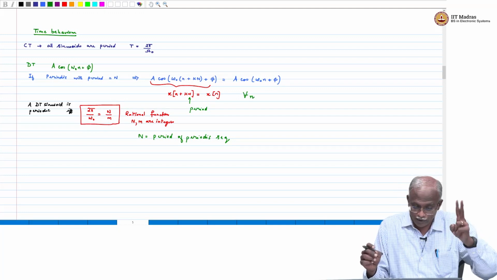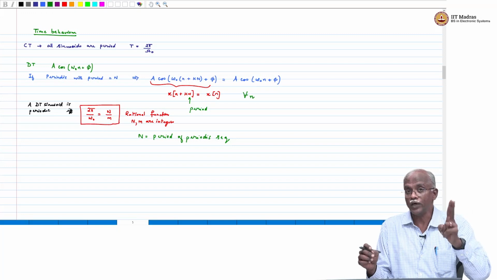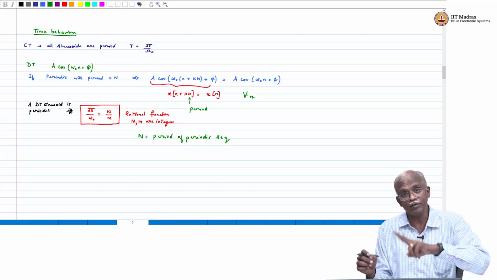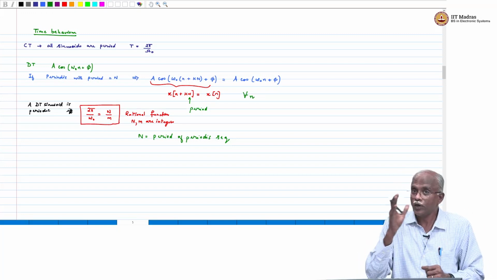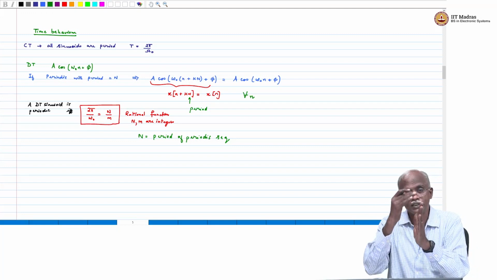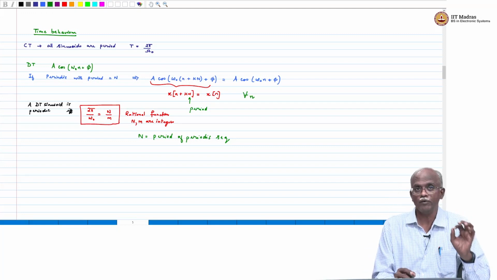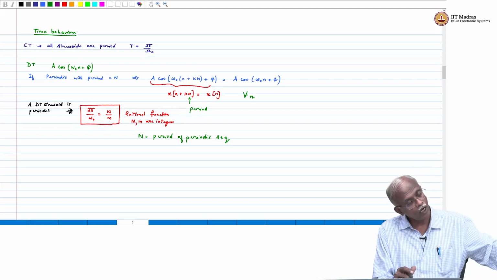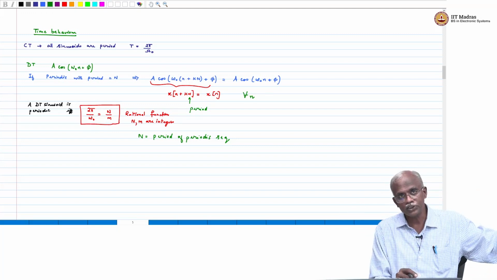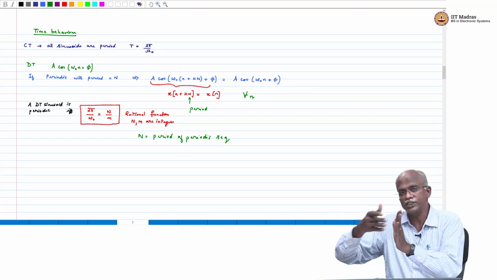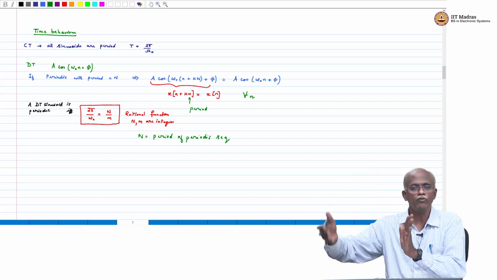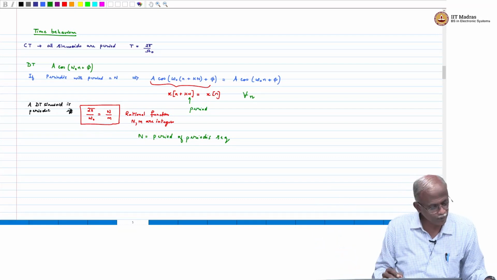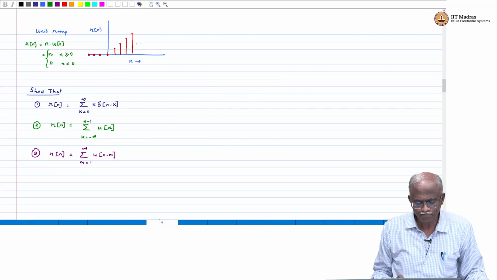So can a sinusoid be periodic in time and in frequency? It will be periodic in time only if it satisfies this condition. So you always have to be very clear about that. However, if you look at the change with respect to frequency, and you keep increasing the frequency, you will find that there is an inherent periodicity with a multiple of 2 pi.